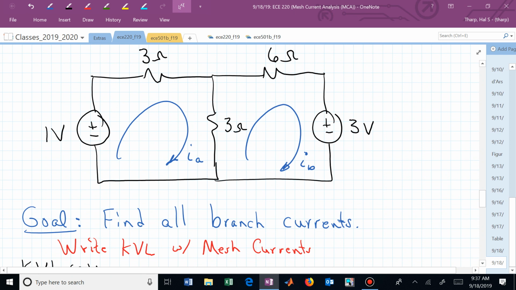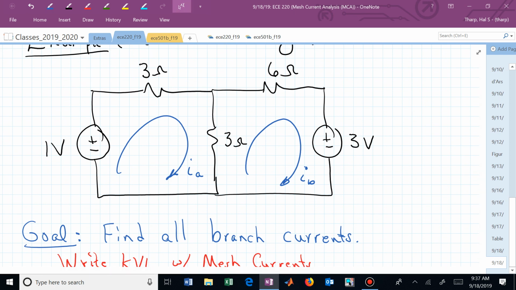What's the KVL equation for mesh A? That should be very straightforward, is it not?